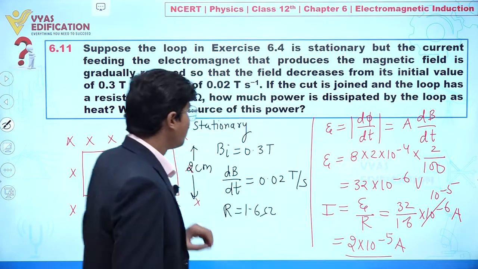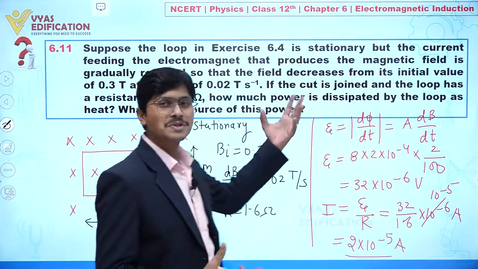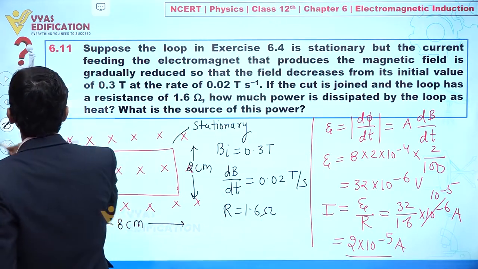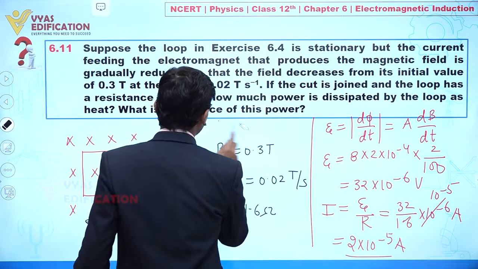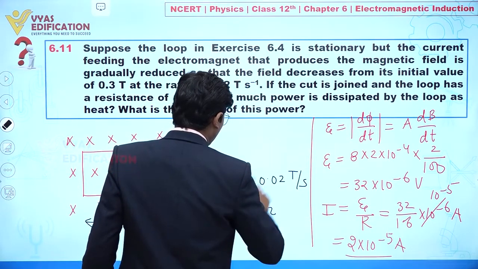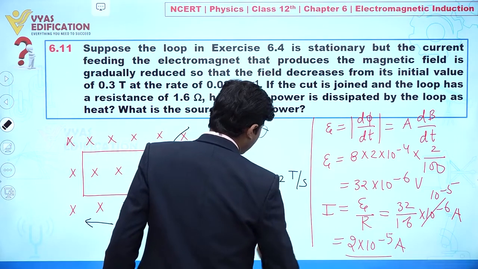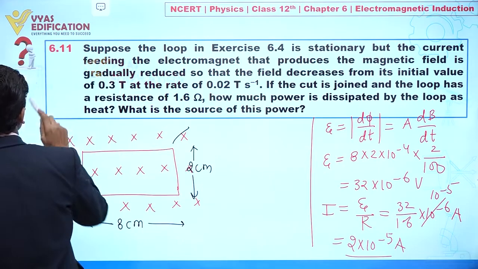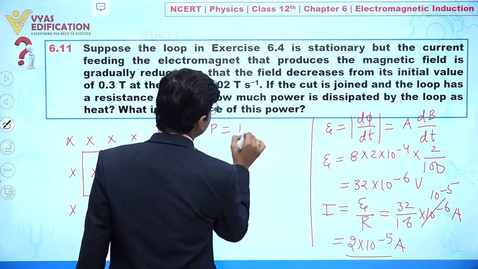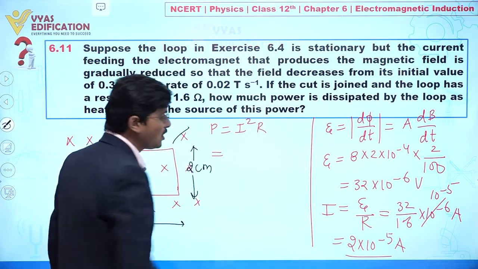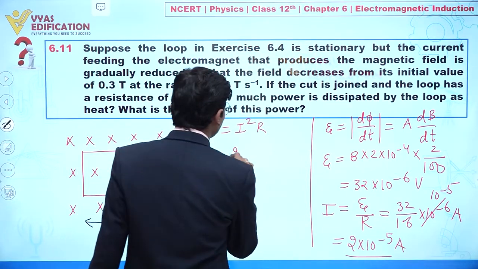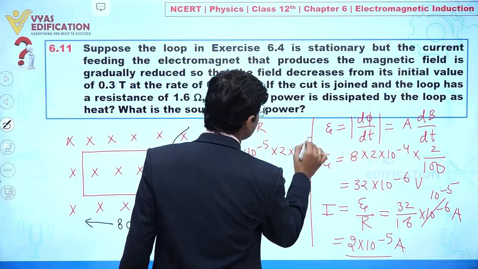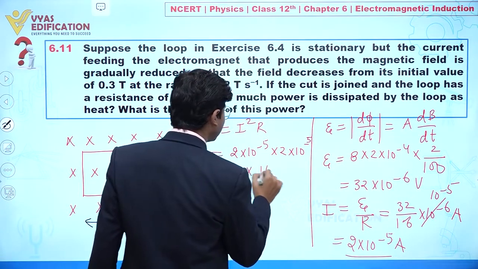But what is our objective? Our objective is to calculate how much power is dissipated. How can we find the power dissipated? Power is given by I square R. The value of I is 2 into 10 to the power minus 5, multiplied by 2 into 10 to the power minus 5, multiplied by the value of R, which is 1.6.